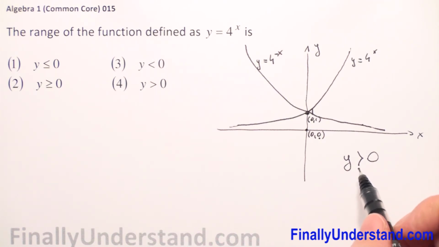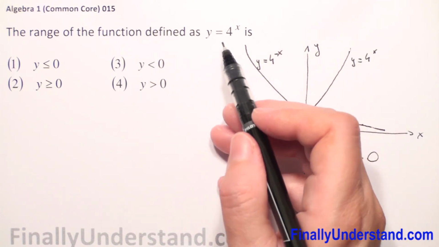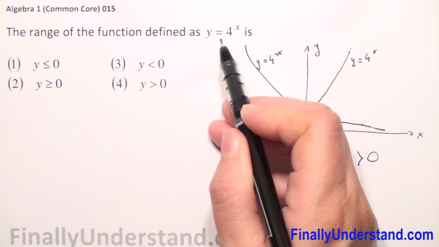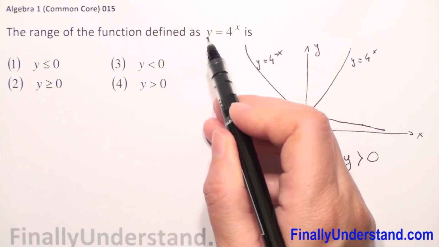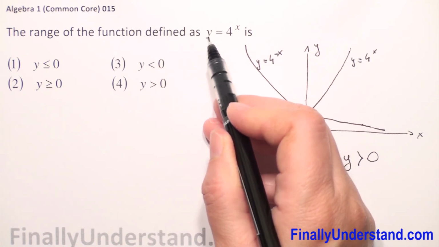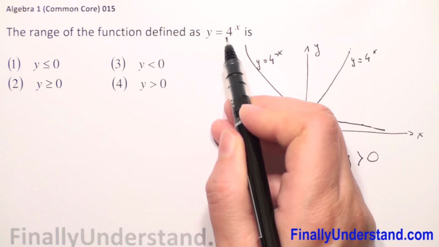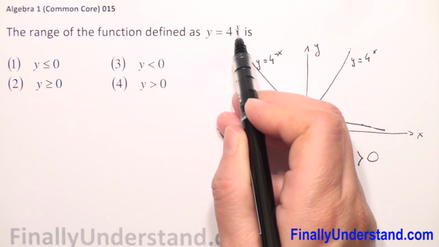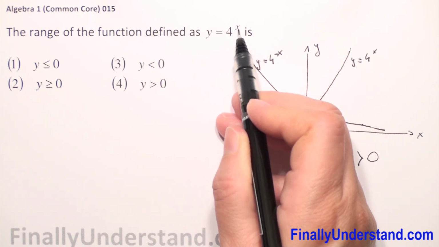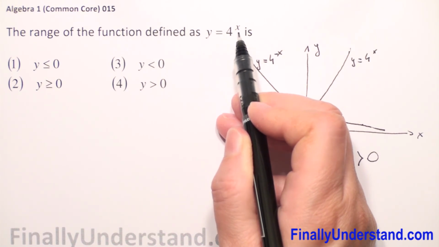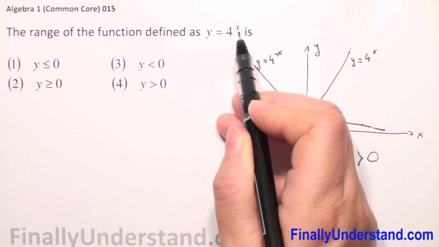In other words, when we have to find the range of a function, we are looking for y, always for y when we are looking for the range. We see that x we can substitute by every real number, because 4 we can raise to the power negative 1, we can raise to the power 5, we can raise to the power 1/2, and so on.